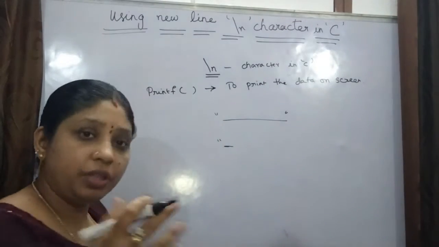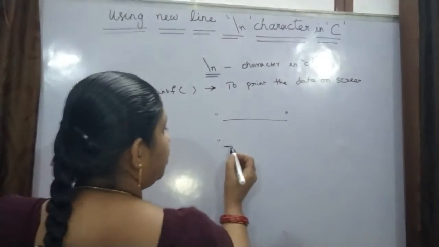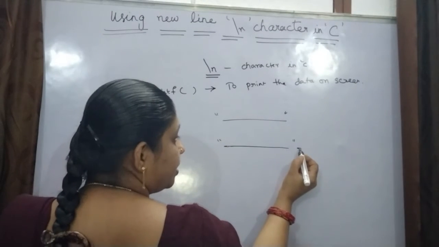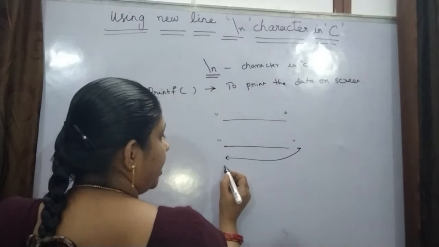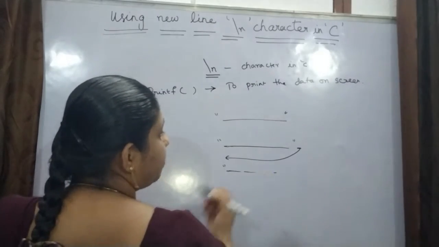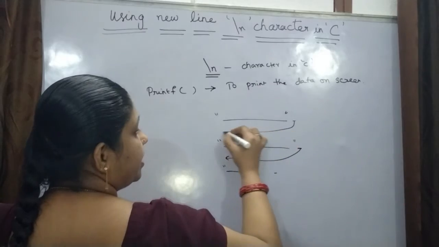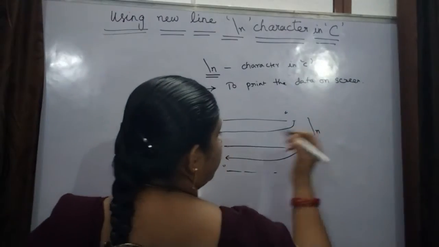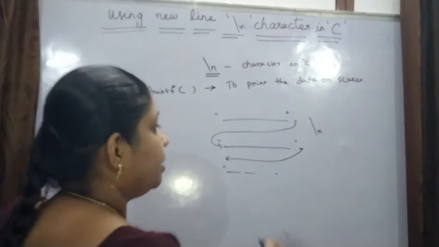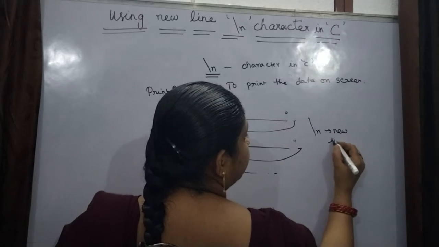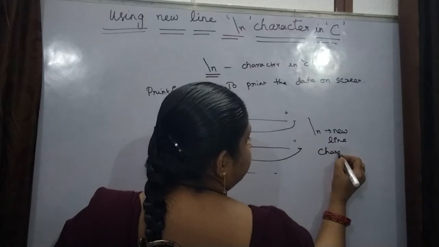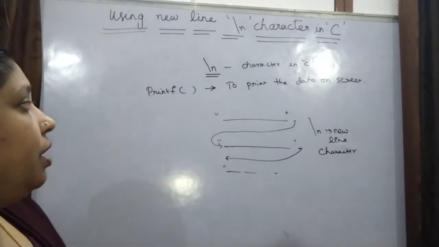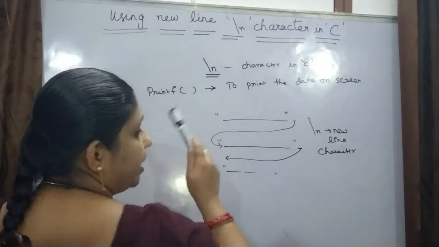Again printing is over, and again the cursor blinks here. This cursor should come to the next line and start from there. So like this it should happen. The cursor coming to the next line is done with \n. This is the new line character.